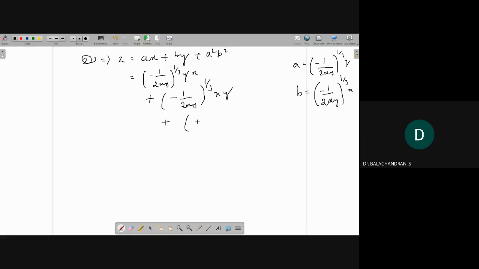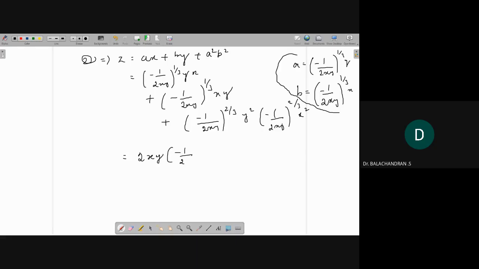A square is minus 1 by 2xy whole power 2 by 3 into y square. B square is minus 1 by 2xy whole power 2 by 3 into x square. I think these two are the same. So that's why I'll write this is equal to twice xy into minus 1 by 2xy whole power 1 by 3.